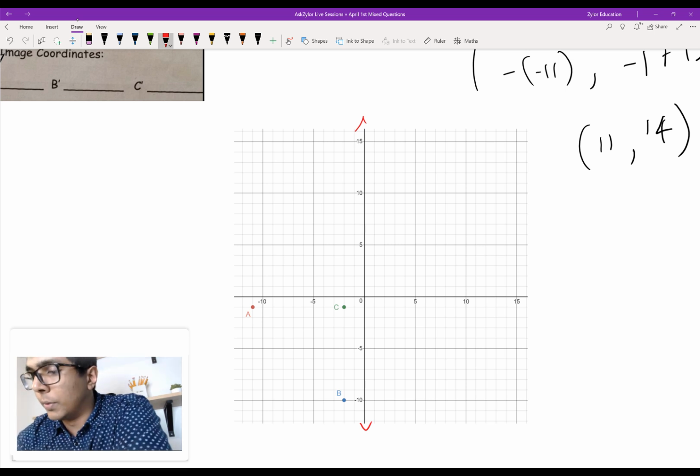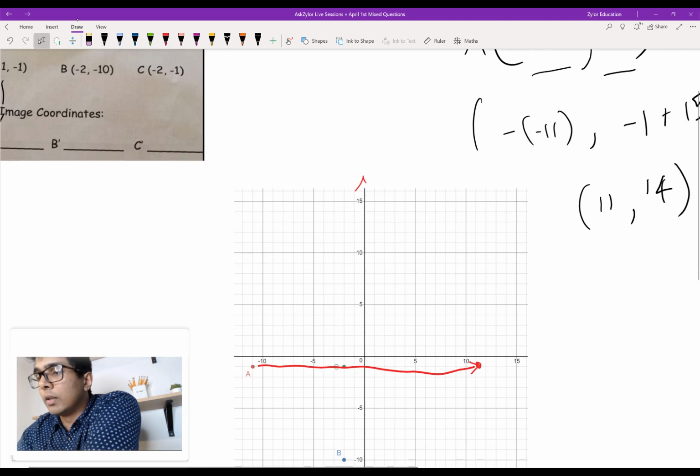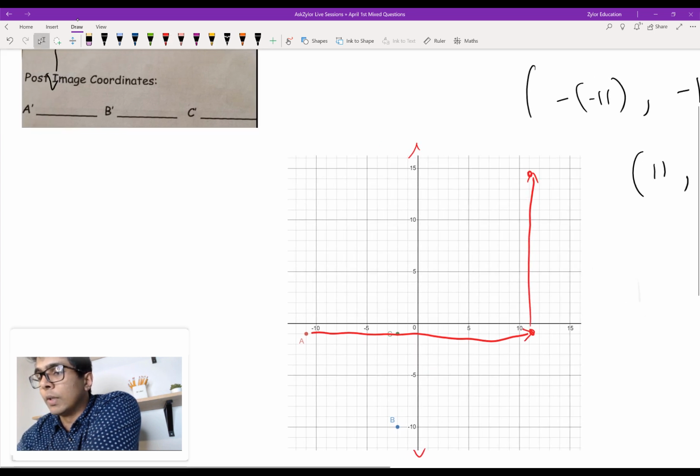That means I'm flipping it over the y-axis, so it's going to travel equal distances across. So I'm going to go from -11 to +11. Then I'm going to shift it 15 units up, so it's going to go from -1 all the way to +14. So that's how I'm going to transform each of these points. So that's how I transformed A.